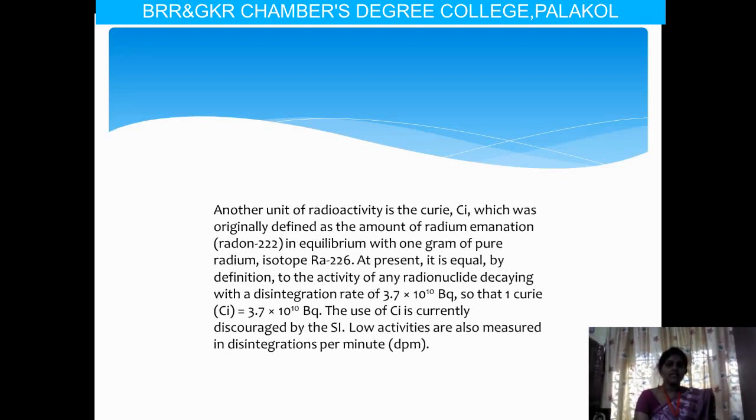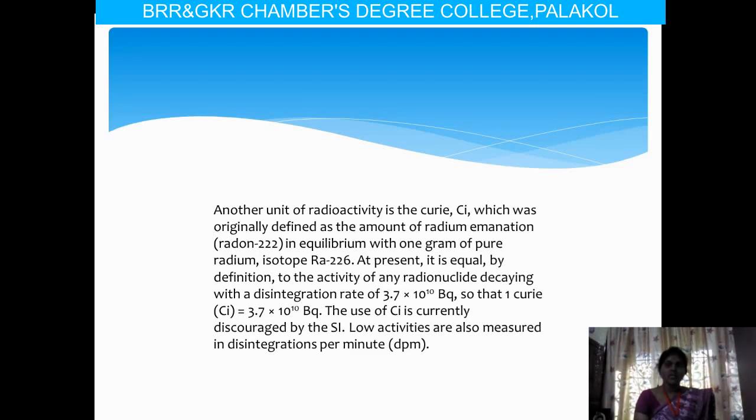The curie, Ci, was originally defined as the amount of radium emanation in equilibrium with 1 gram of pure radium, isotope Ra-226. At present it is equal by definition to the activity of any radionuclide decaying with a disintegration rate of 3.7 times 10 to the power of 10 becquerels.